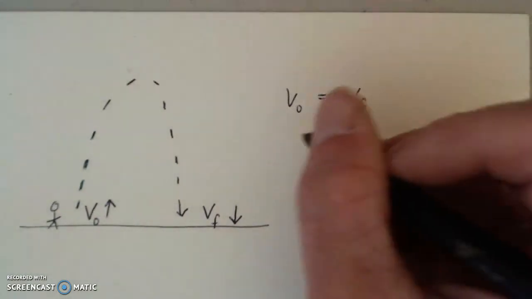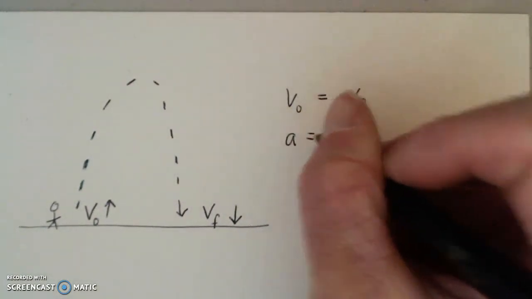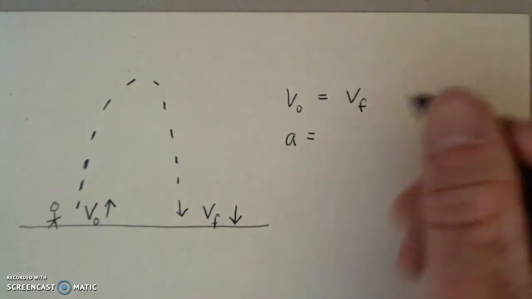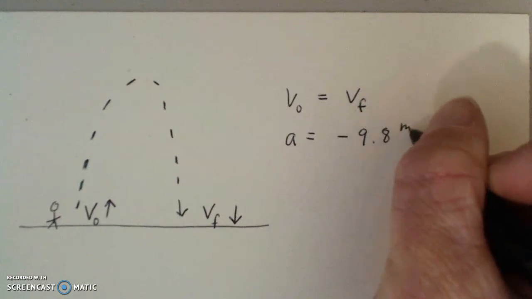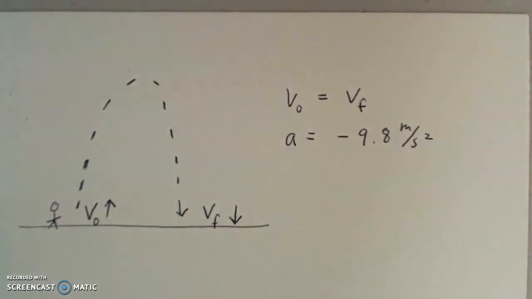Another piece of information that we're always going to know for these sorts of free fall problems is that acceleration is always going to be negative 9.8 meters per second squared. So if there's no jets, rockets, strings, anything touching the object as it's in the air, its acceleration is always going to be negative 9.8 meters per second squared.